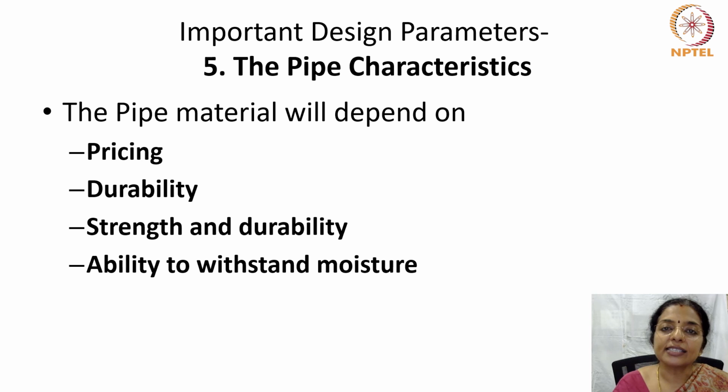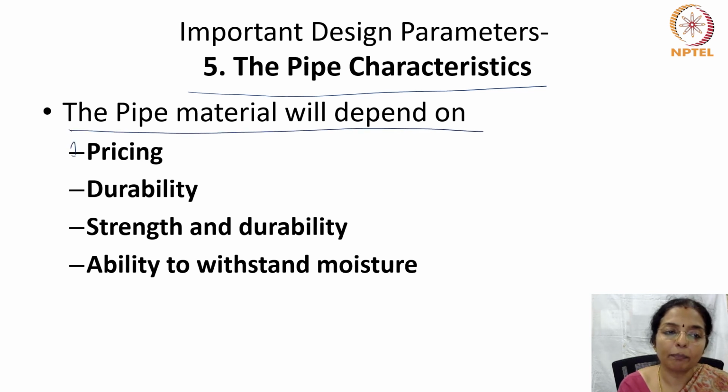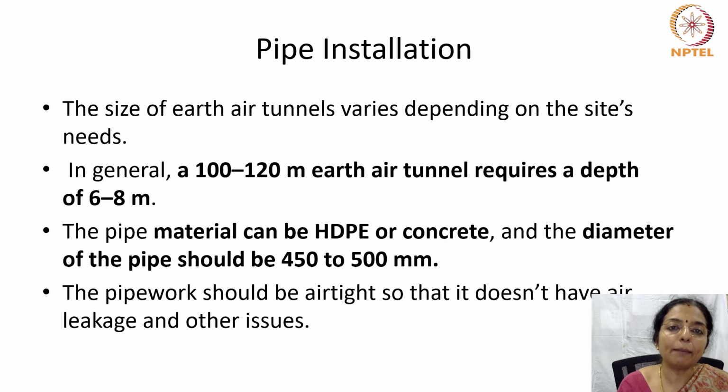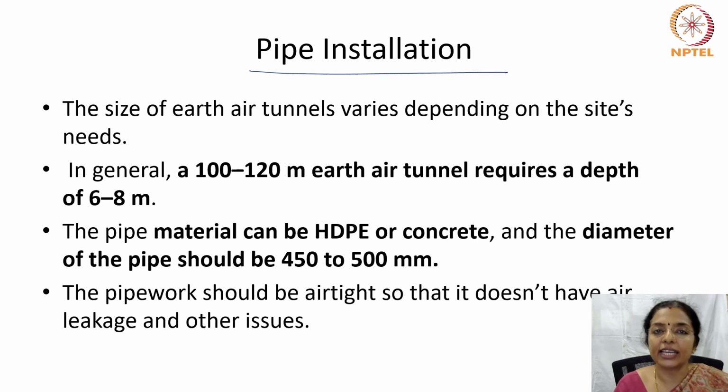Then there are certain important design parameters. The pipe characteristics: the pipe material will depend on the pricing or cost, the strength and durability, and the ability to withstand moisture. Pipe installation: the size of earth-air tunnels varies depending on the site's requirement.